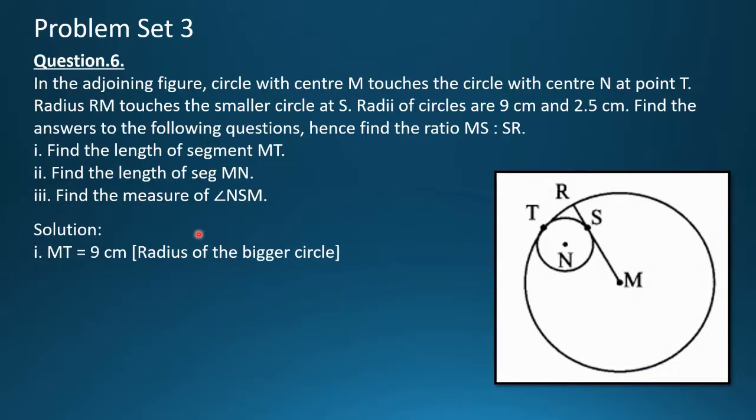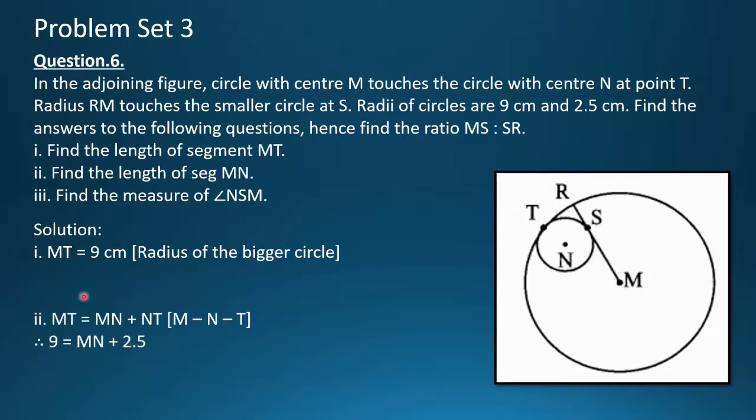Solution: MT is equal to 9 centimeters, which is given in the question. That is the radius of the bigger circle. In the diagram, if we join segment MT, it will pass through the center of circle N. So MT will be equal to MN plus NT.